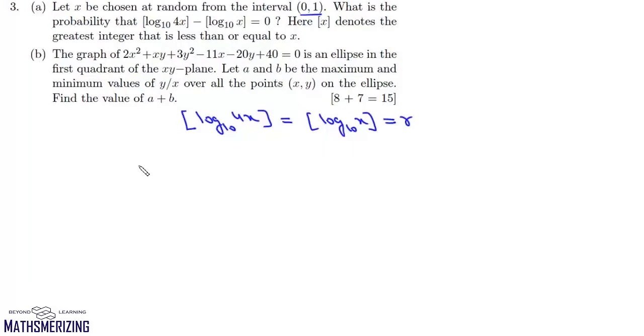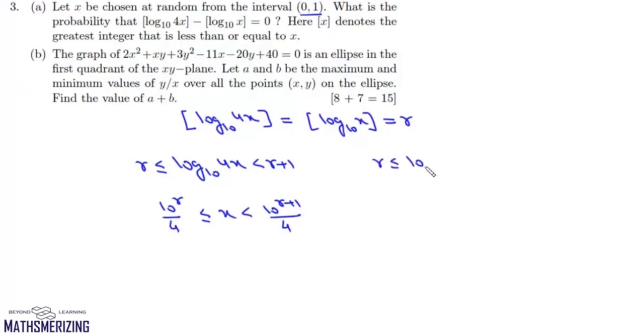So for the first part, log 4x to the base 10 will lie between r and r plus 1. Now if we take anti-log, we can write 10 to the power r divided by 4 is less than or equal to x, and it is less than 10 to the power r plus 1 divided by 4. And the same way we can write it for the second part.